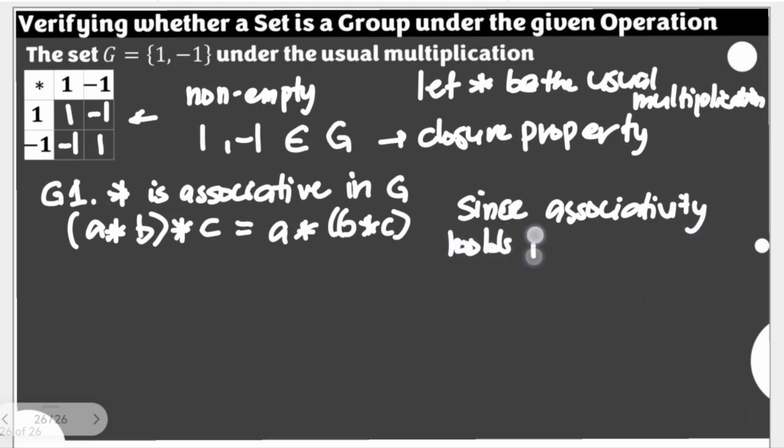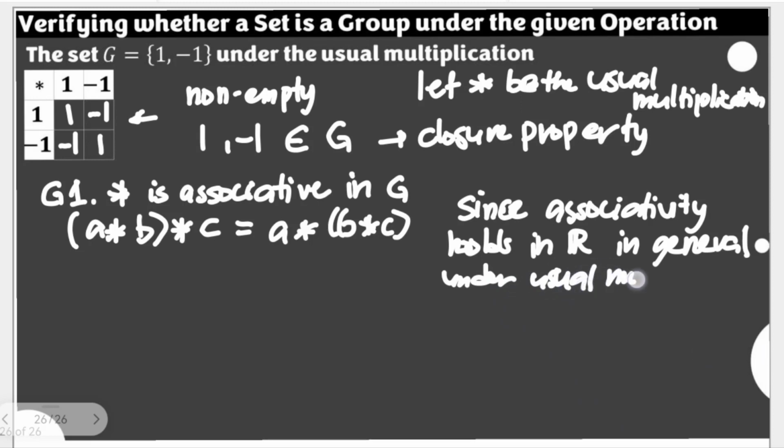holds in real numbers in general under usual multiplication, or let us just use the notation I represented earlier, under star. And we have elements of G, which are 1 and negative 1, that are also elements of real numbers.